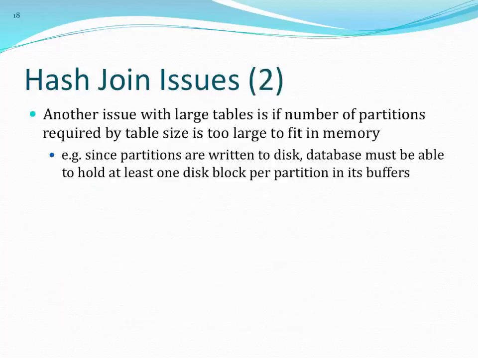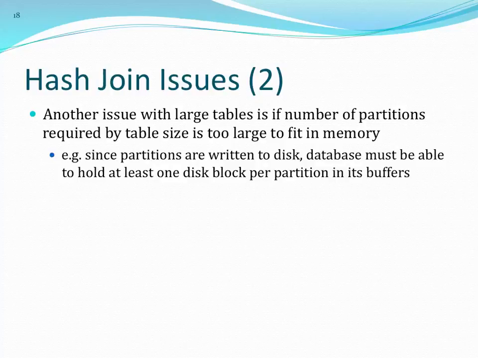Let me see. This is the same thing that I mentioned when I was talking about external memory sorting. Remember that as you're scanning through R, you're building all these partitions at once.